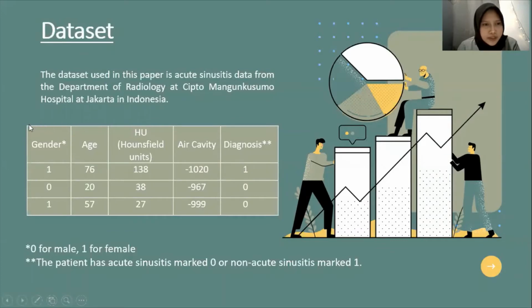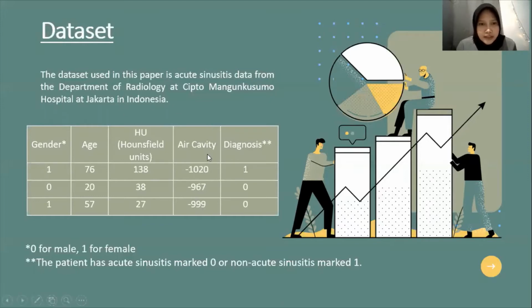The first one is gender of the patient, 0 for male and 1 for female, and then age of the patient, and then Hounsfield units, where Hounsfield unit is a relative quantitative measurement of radio density used by radiologists in the interpretation of computed tomography image.